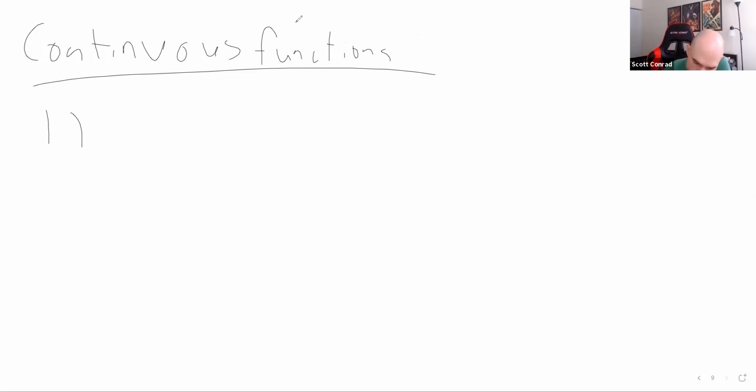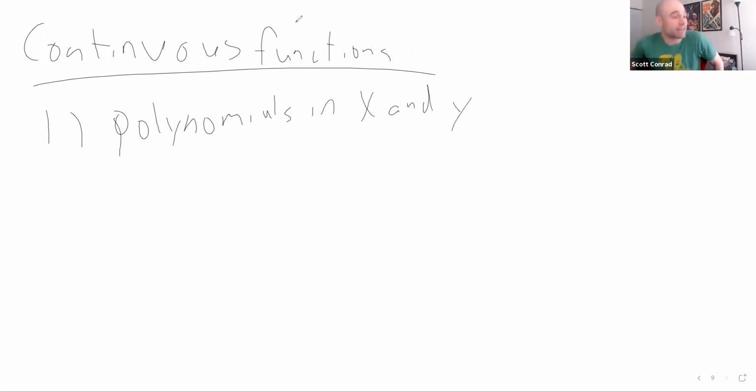So polynomials in X and Y are continuous. A polynomial of one variable is just all the terms are a constant times X to some positive integer power.